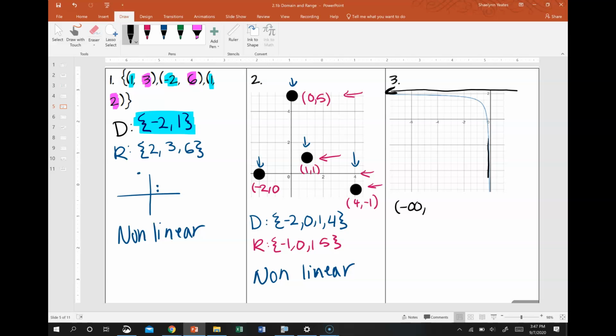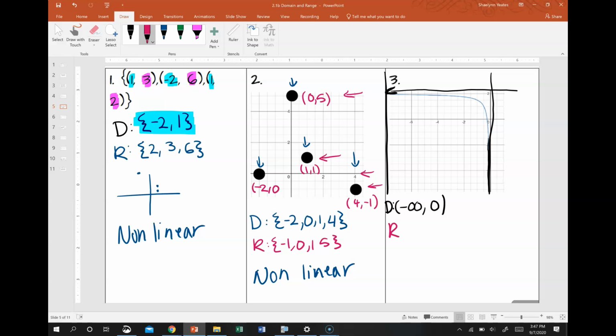Do you see how it's getting closer and closer to that line, but it never actually touches? I'm flatlining at 0. So my domain is from -infinity to 0. Okay? And then I use parentheses because I never reach -infinity because it's a concept, not a number. And I never reach 0 because I keep getting closer and closer, but never actually touch. And we're going to talk about that name later on in the year.